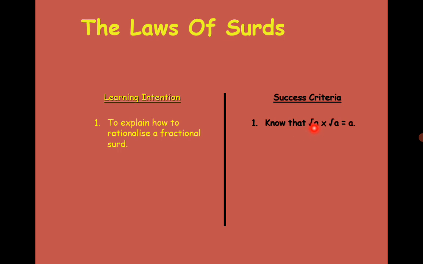You should know that root of a times root of a is equal to a. Multiplying similar roots gives you a term that does not contain a root sign. So you should be able to rationalize the numerator or the denominator of a fractional surd. That's what we are going to look at next.